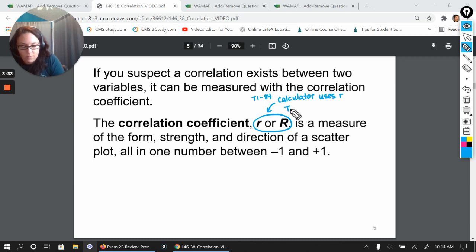But the textbook we have uses capital R. It is a measure of the form, strength, and direction of a scatter plot, all combined in one number that's between -1 and +1.